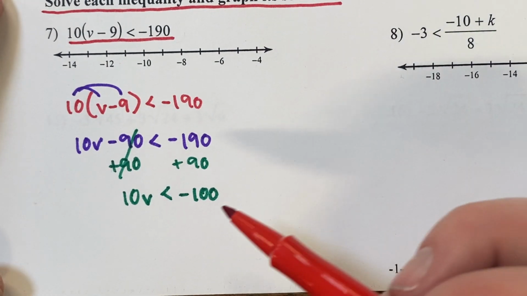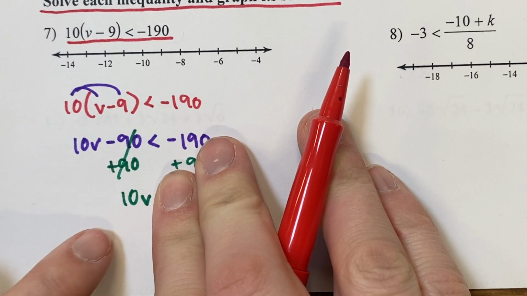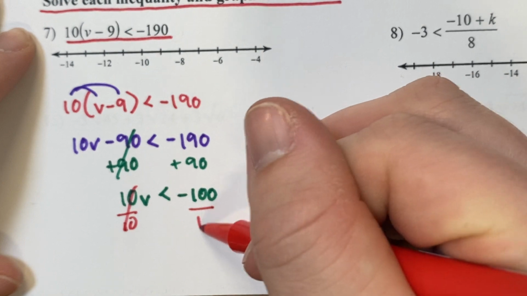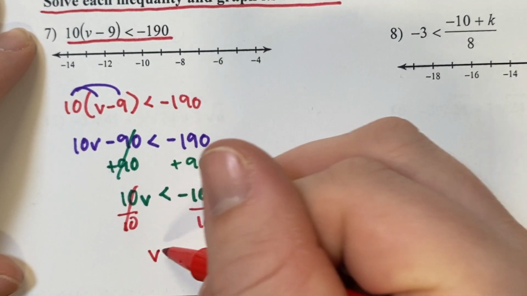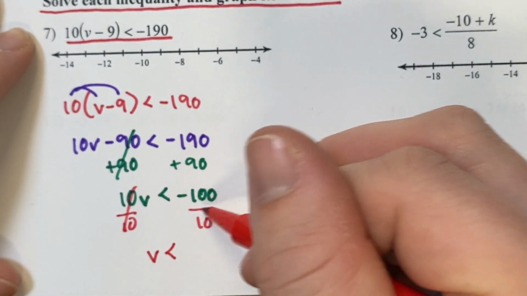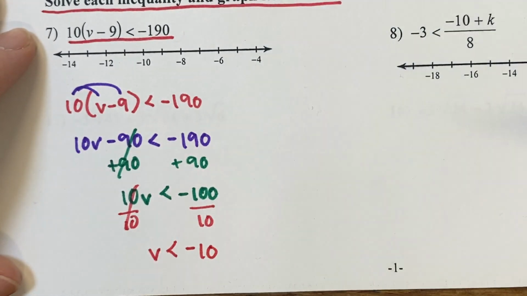Okay, and my last step is do the opposite of times by 10, which is to divide by 10. So I get v is less than negative 100 divided by 10, which is negative 10.